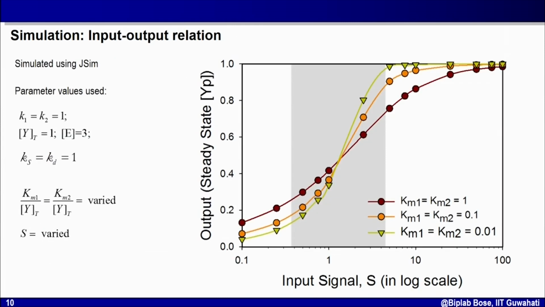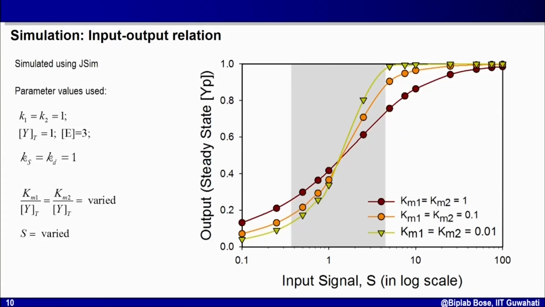Now let us look into the input-output relation using this JSIM model. Previously I was trying to understand when S is changed, how the YP steady state value, the output, will change. And I was trying to use the phase plane plot to understand that. Here I have done the JSIM simulation to understand the similar thing.